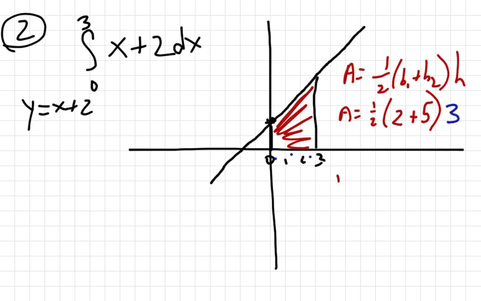So the area would equal 7 times 3, which is 21 over 2, which is 10.5, and I don't care whether it's a fraction or decimal. So this would equal 10.5.